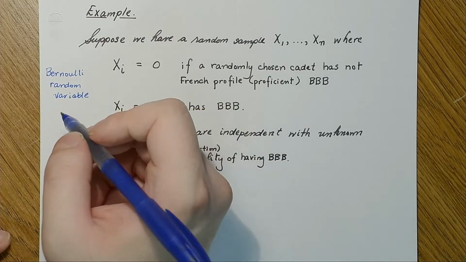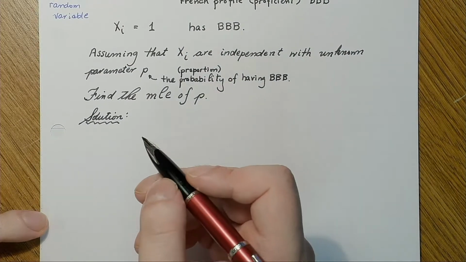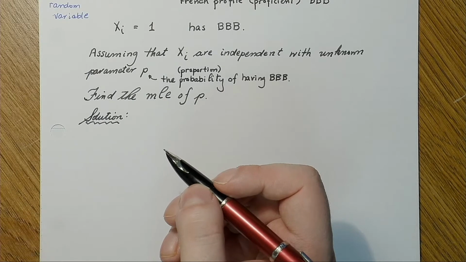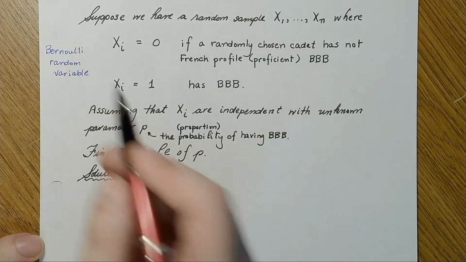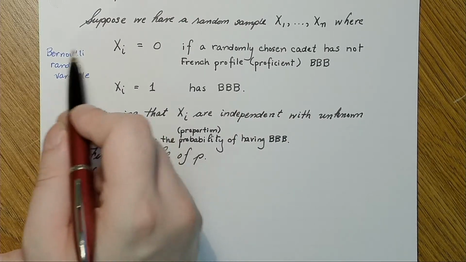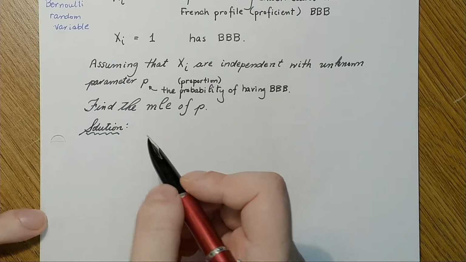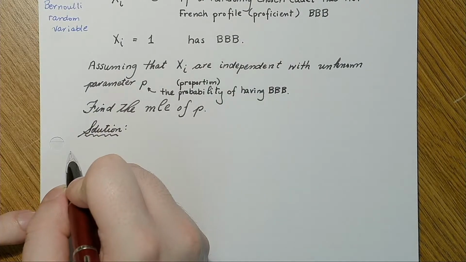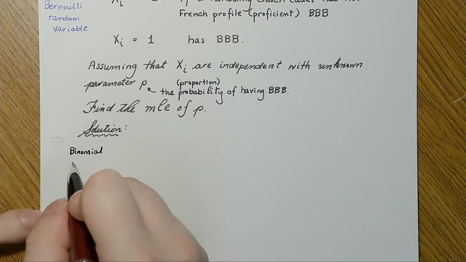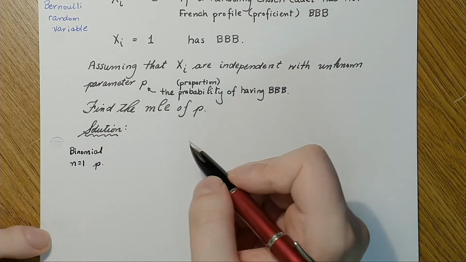That's where it's either a 1 or a 0. You can think of this as a simple version of a binomial random variable, which is where you would have the number of trials. So just think of it as a binomial where n is equal to 1 and you have p.